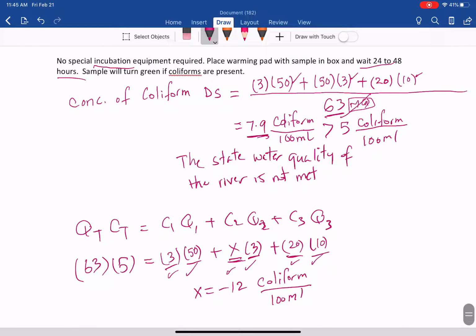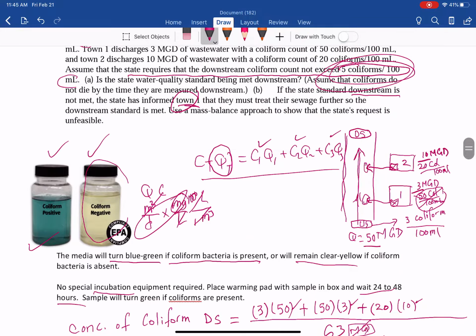Town 1 would have to reduce the level to -12, and this is impossible. You have to work Town 1 and Town 2 together. Town 1 by itself can't go to -12, so it's impossible for Town 1 by itself to treat their wastewater without the help of Town 2.